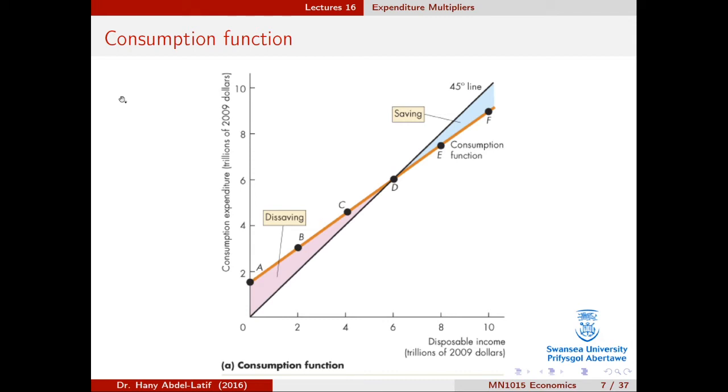A, B, C, you will see that consumption is above the disposable income. Remember, all points on that black line mean that these two are equal. Consumption equals disposable income on this black line, the 45 degrees line. So when you see consumption above this line, that means consumption exceeds the disposable income.